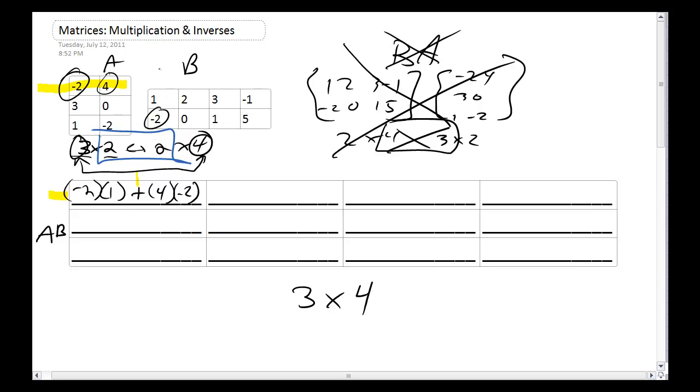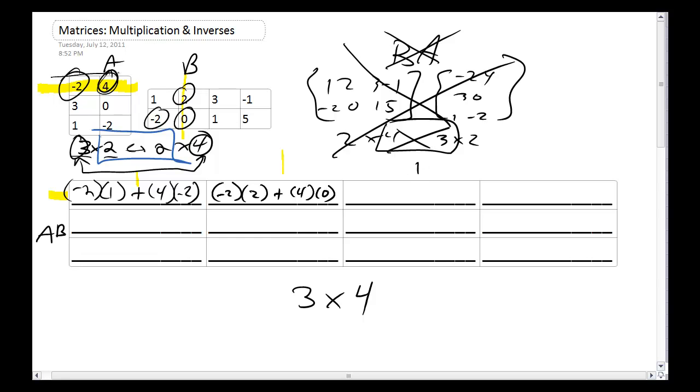Then, for the first row and the second column, I'm still in the first row of matrix A, but I'm now picking things from the second column. So I have negative 2 times 2 plus 4 times 0. Now I'm in the third column.